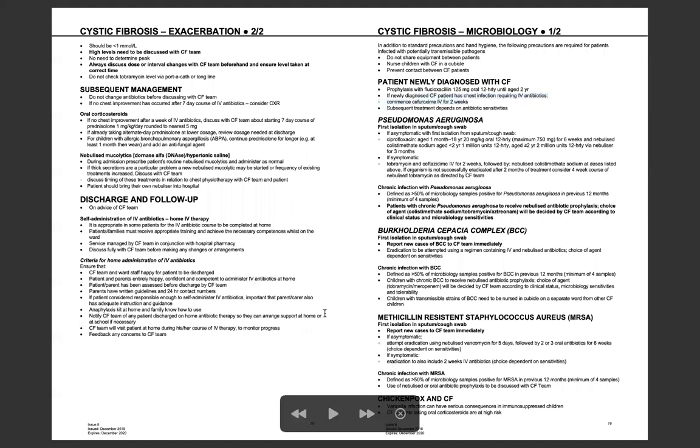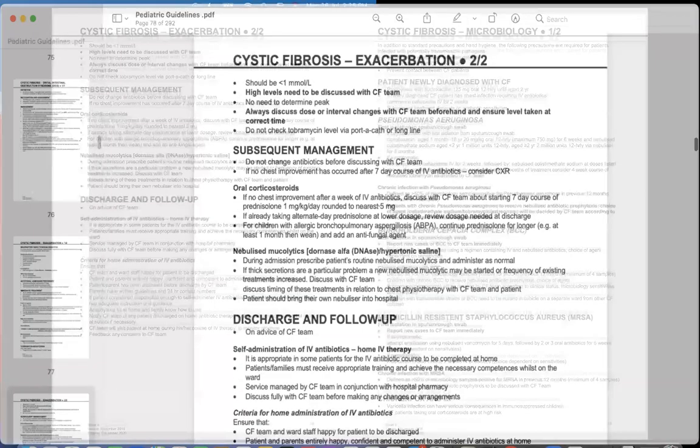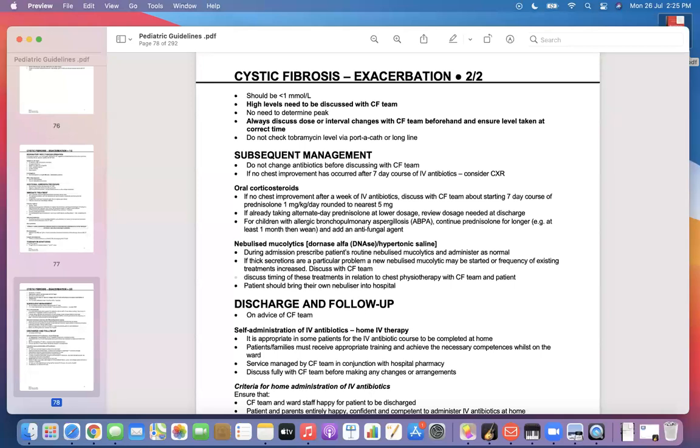In our exam, they don't want us to know the name of what you want to start. This is actually the role of the CF team. So you should be on the safe side. You will tell which doctors you would like to involve and what further things you are thinking of starting. Some broad spectrum antibiotics will be started, and physiotherapist, dietitian, nutritionist, pulmonologist, CF team, you will refer to them.